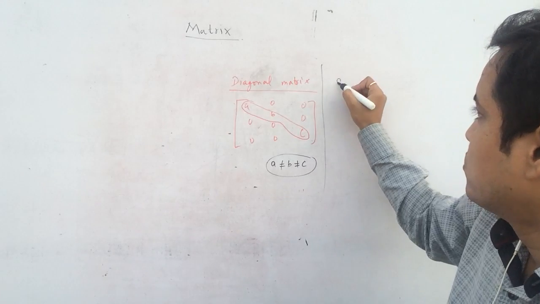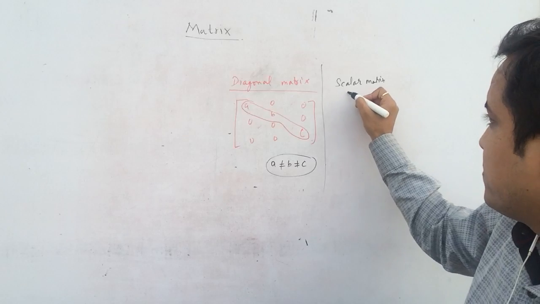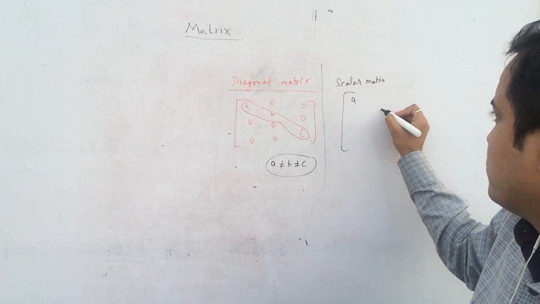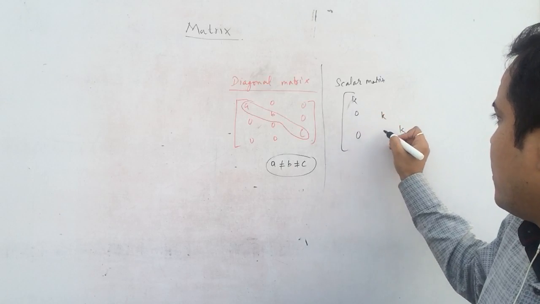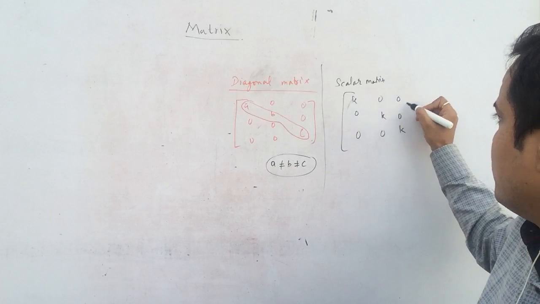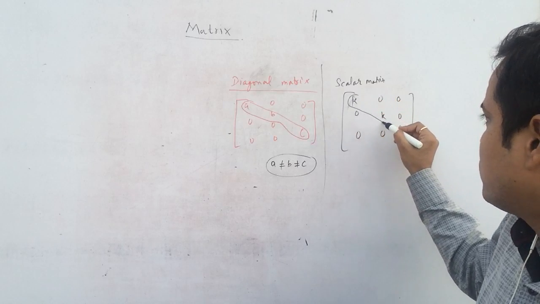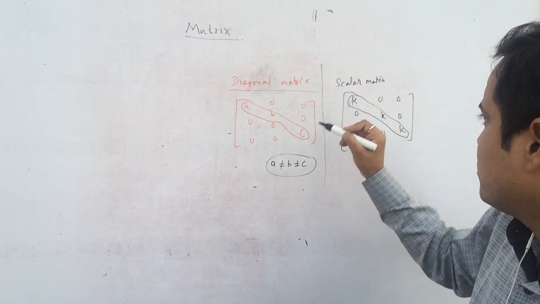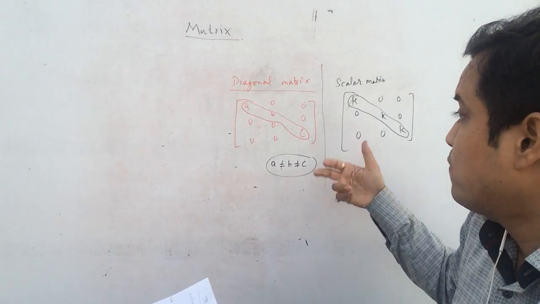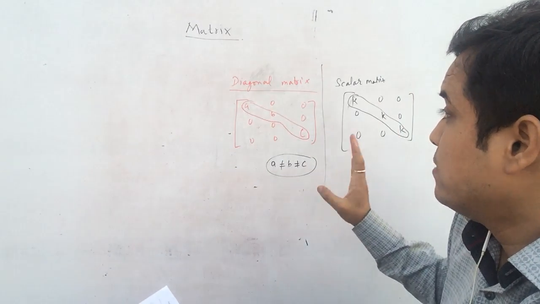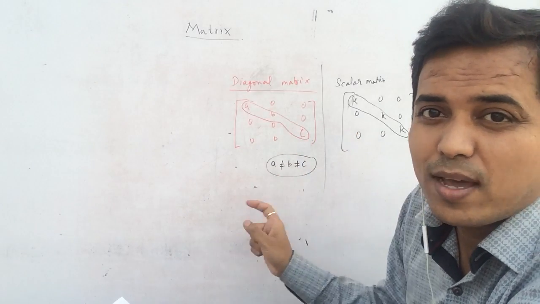Then it will become a scalar matrix. So if you want to write a scalar matrix, you can put K, K and K in the diagonal, and except the diagonal all the elements are 0. And here you see the diagonals have the same number, okay. So this is a kind of square matrix, and scalar matrix applies only to square matrices.